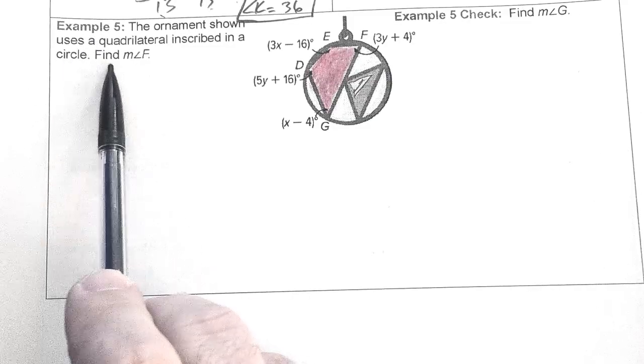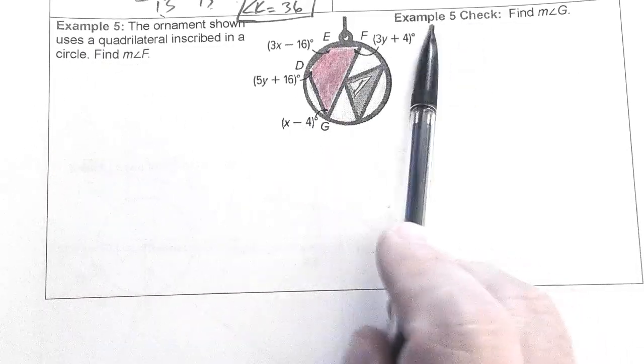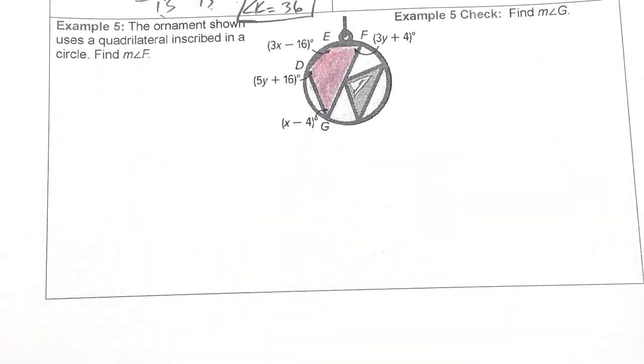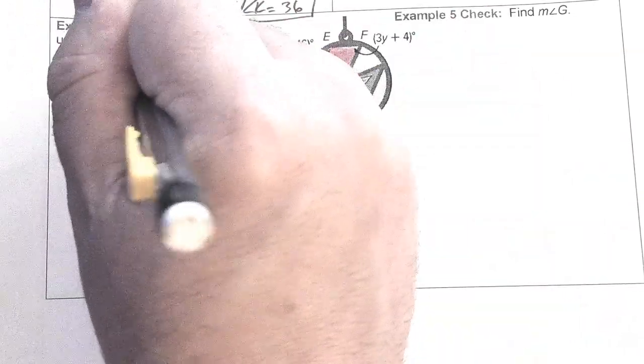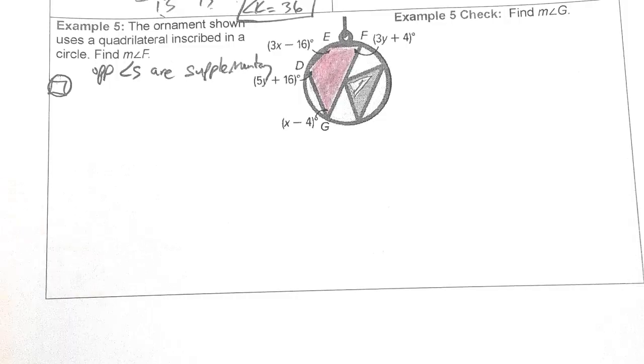Example 5. We want to find angle F, and over here, as a check for you, you want to find angle G. We found out that when the shape is inside the circle, opposite angles are supplementary. Because they're supplementary, they equal 180.